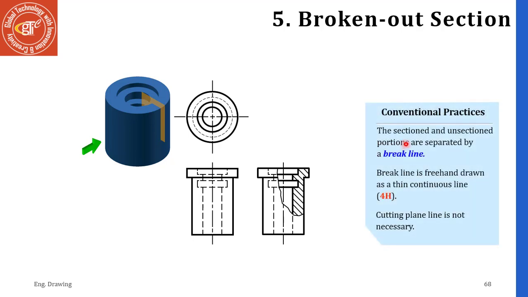In conventional practice, the sectioned and unsectioned portions are separated by a break line, and the break line is freehand drawn as a thin continuous line using a 4H pencil. Cutting plane line is not necessary for broken out section view, and we discussed this in the previous slide.